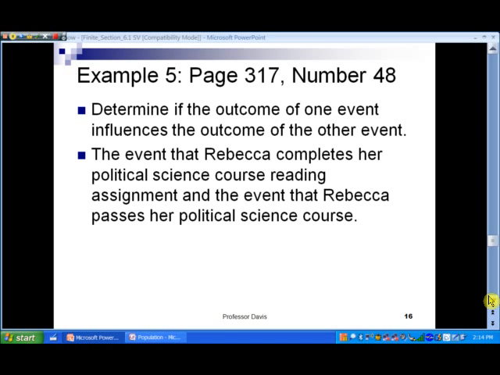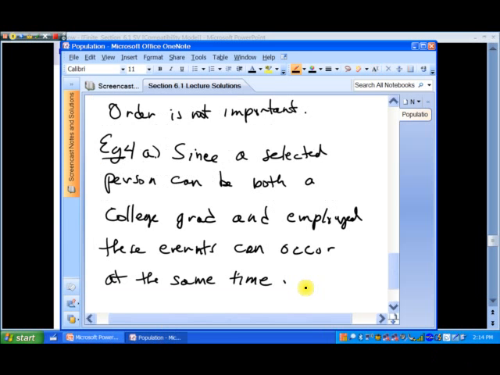So let's determine if the outcome of one event influences the outcome of the other. Think of event 1 as Rebecca completes her political science course reading assignment. And the second event is that Rebecca passes her political science course. So the question is, does the first event influence the second event? Well, one would think so.